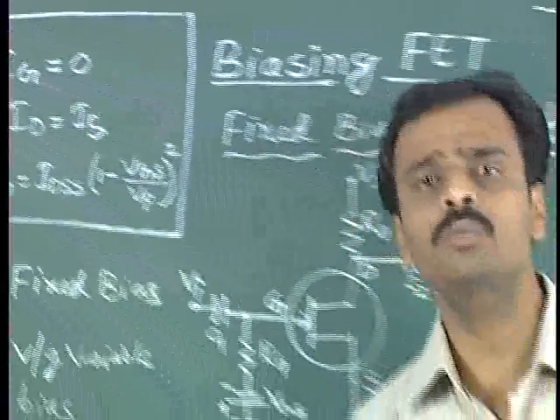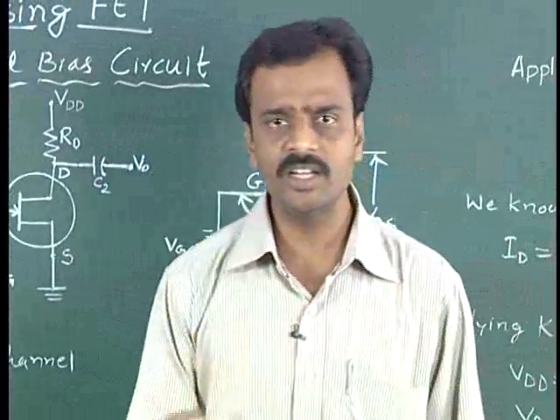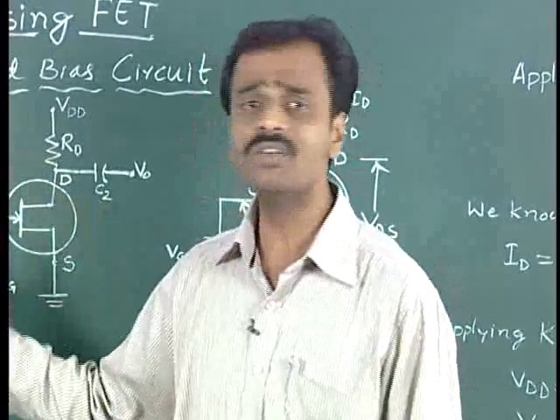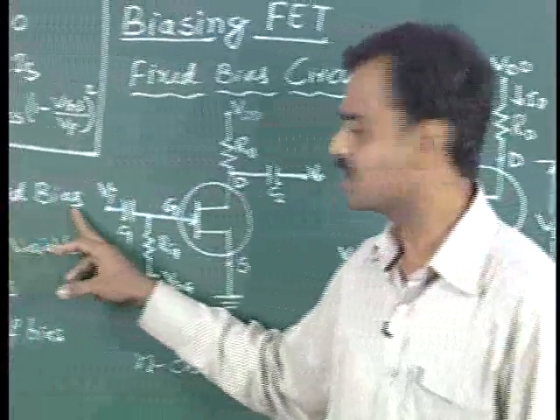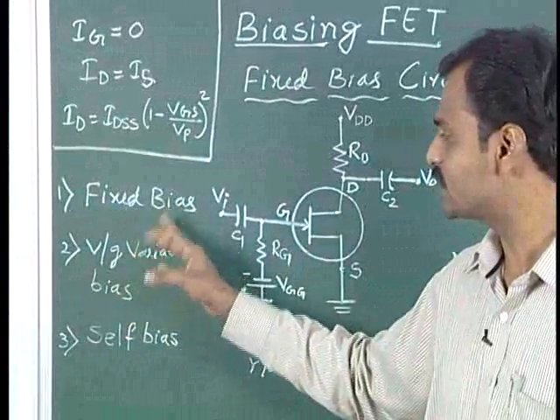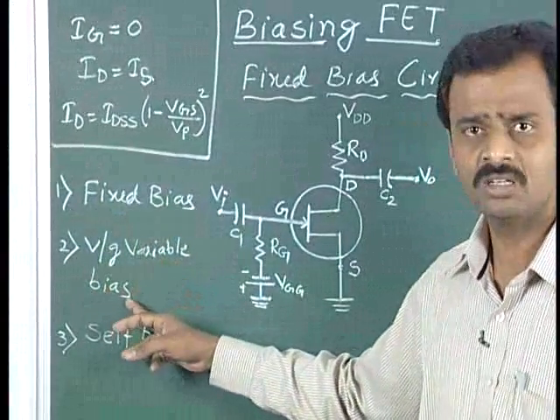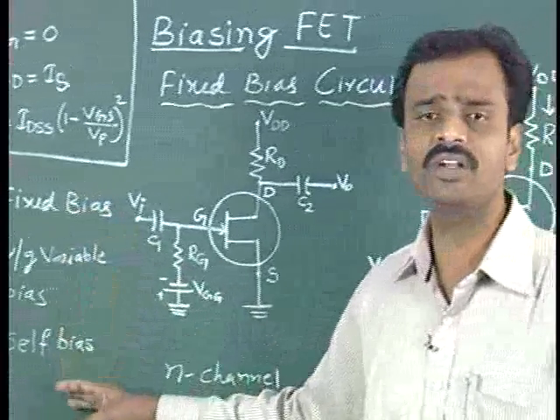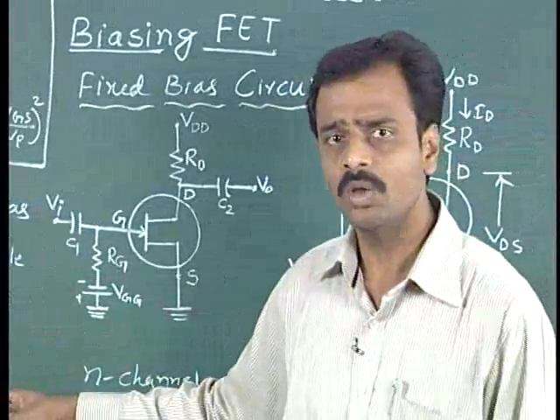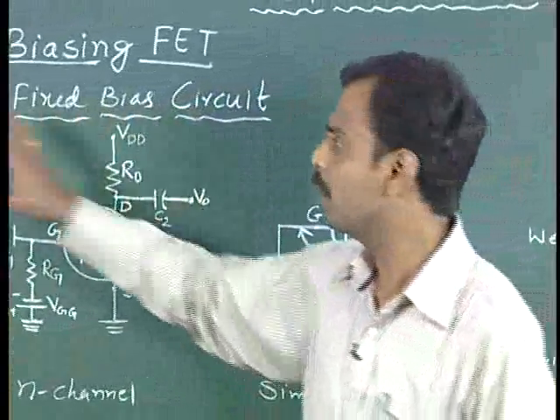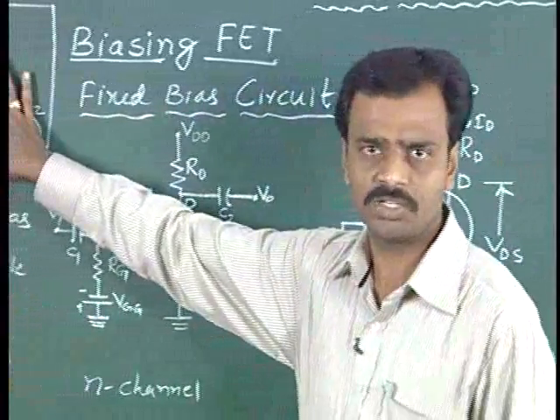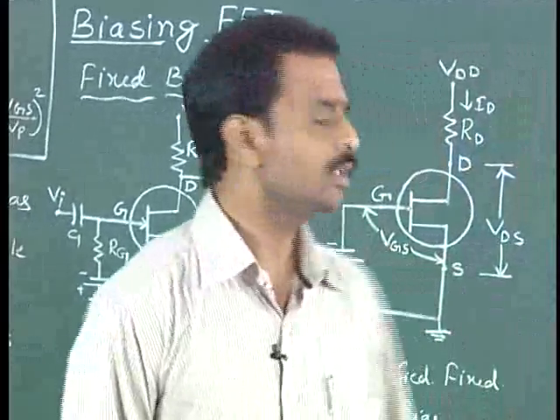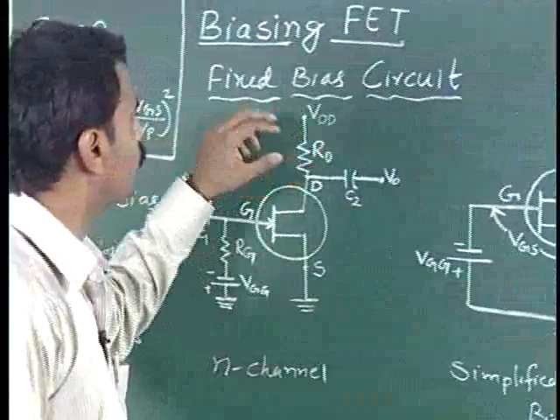This operating point can be studied with three different biasing techniques, as we have seen earlier: the fixed bias technique, the voltage divider biasing, and the self bias technique. These are the three techniques we are going to analyze now for field effect transistors with the following approximations. Let us first go to the fixed bias technique.